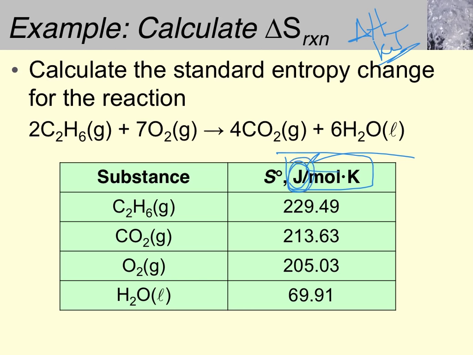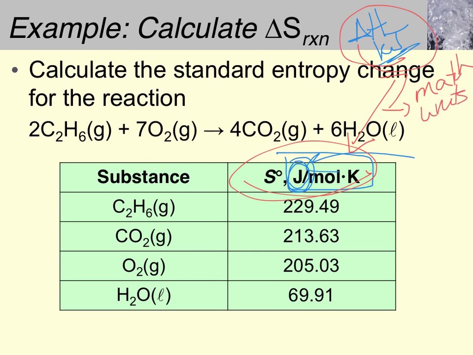So down the line, in a few slides, we're going to be wanting to combine enthalpy values with entropy values. Guess what? You can't do that until you match units. It doesn't really matter if you change the enthalpy units to just joules or if you change the entropy units to kilojoules. But make sure the units match before you try to add them together.